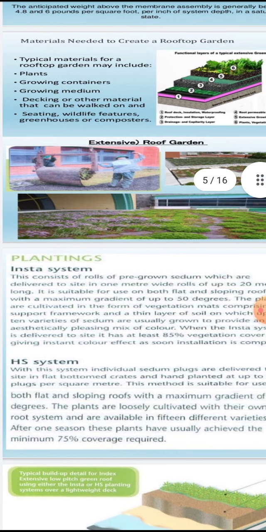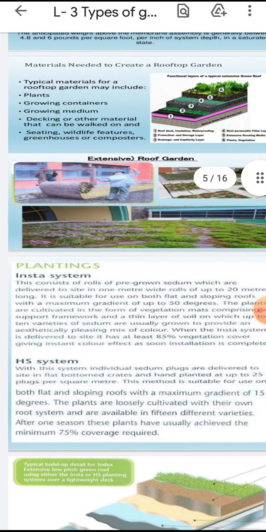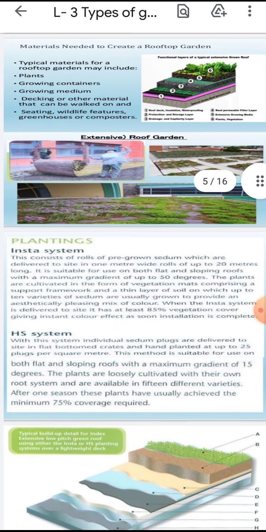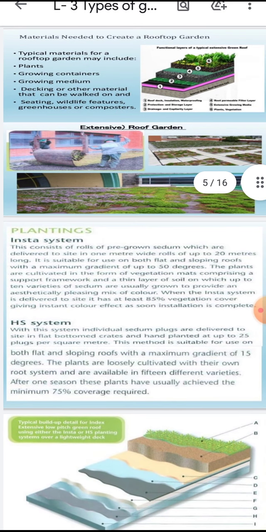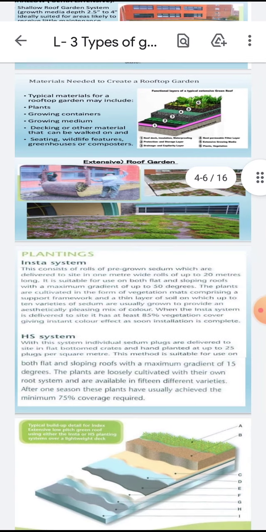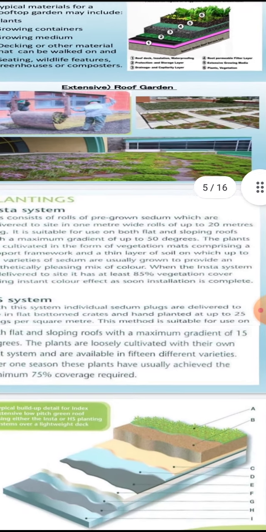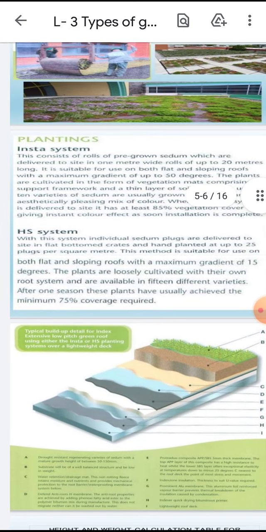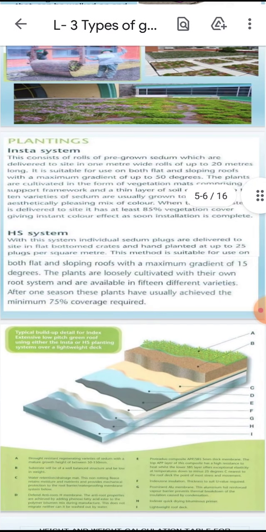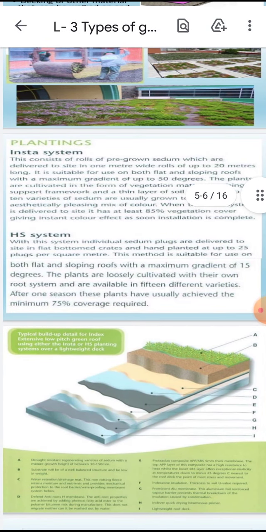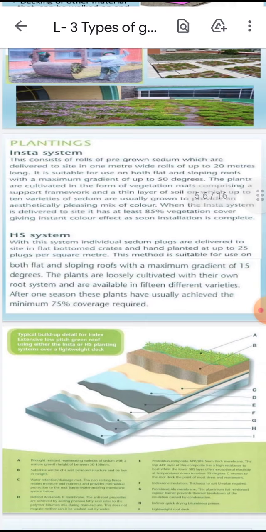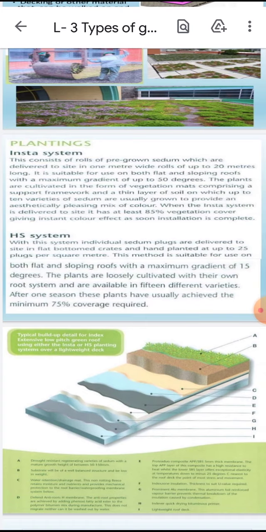Secondly, in the roof garden, you are observing there are certain systems. These two systems: one is the Insta system and the second is the HS system. So what is Insta? It consists of rolls of pre-grown sedum, the small plants, like your lawns.